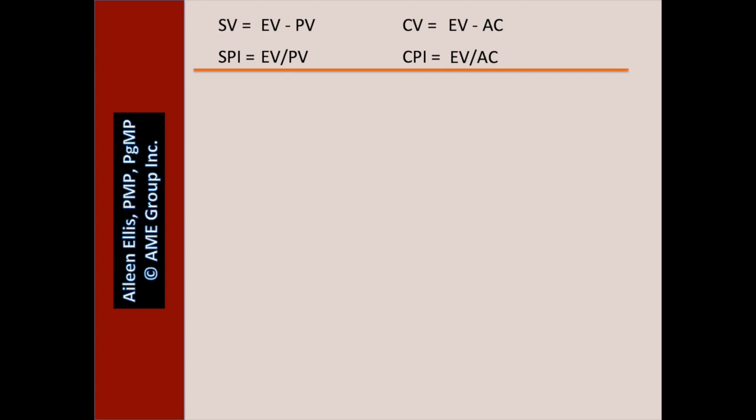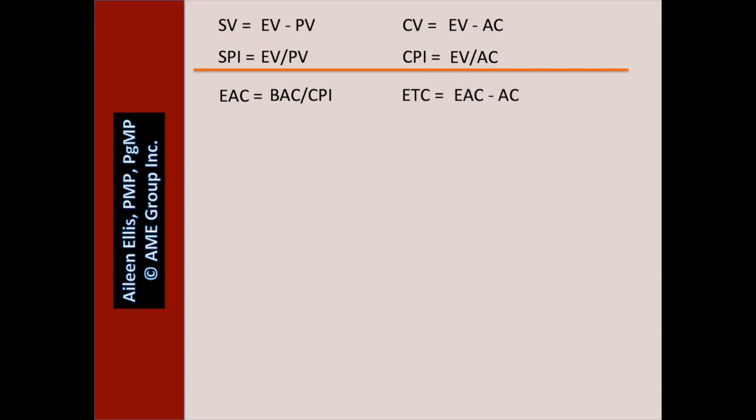The next three also relate to earned value. EAC, estimate at completion. This is an estimate of what we believe the total project will cost. It equals BAC divided by CPI. Related is ETC. This is an estimate of how much more we believe we need to spend to finish the project.